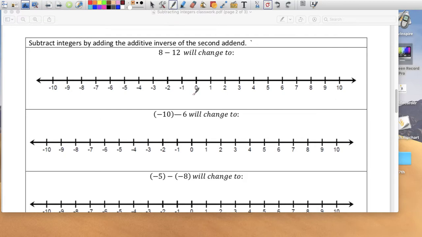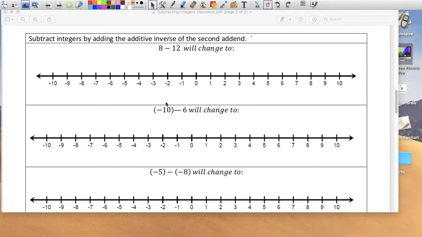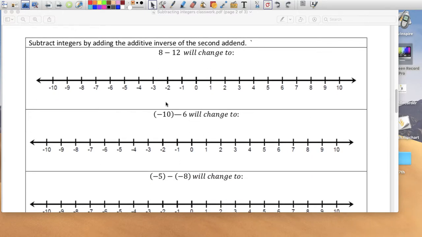This whole page here, now I want you to change the subtraction to an addition and then do the problem. So, over here, 8 minus 12, well, we're going to keep the 8. The subtraction becomes addition. And this 12 becomes the opposite, -12.